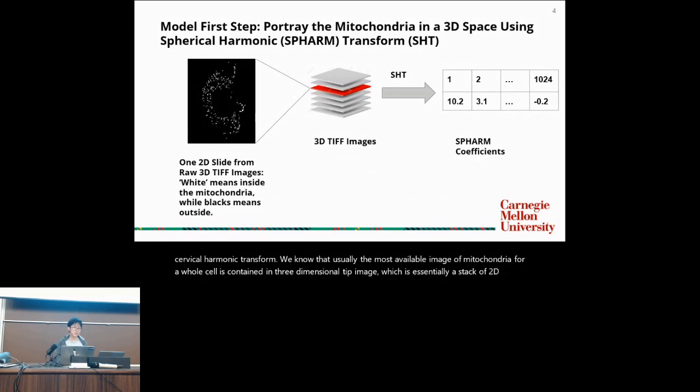We can see it from the leftmost image. The white in the image means the space inside the mitochondria, while the black means the space outside, so that we can further apply the spherical harmonic transform, SHT, to obtain the SHT coefficients.